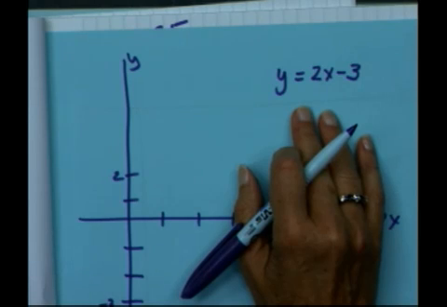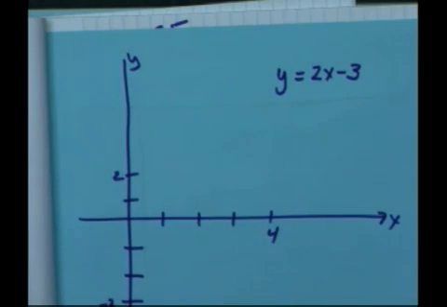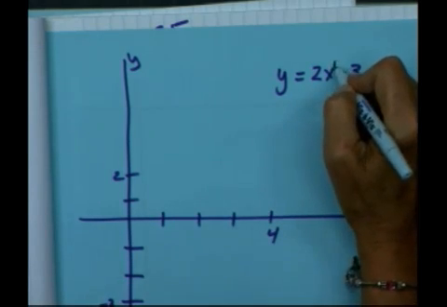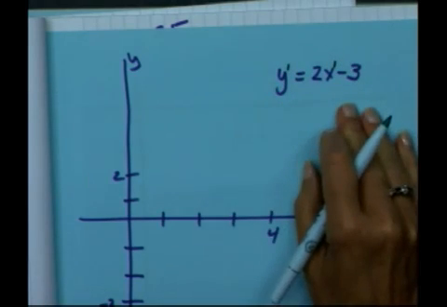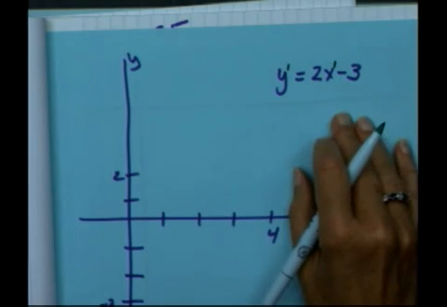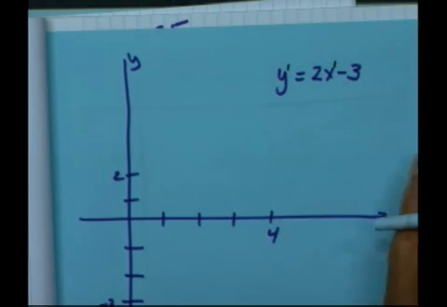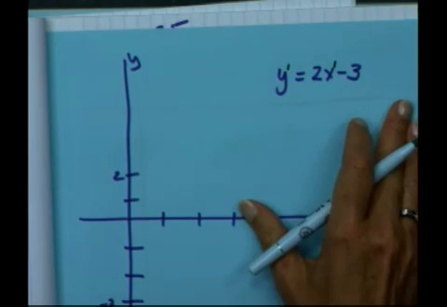Because the exponent on x is 1, and the exponent on y is 1. So anytime you have an x to the first and a y to the first and no other x's and y's in there, you've got a straight line.